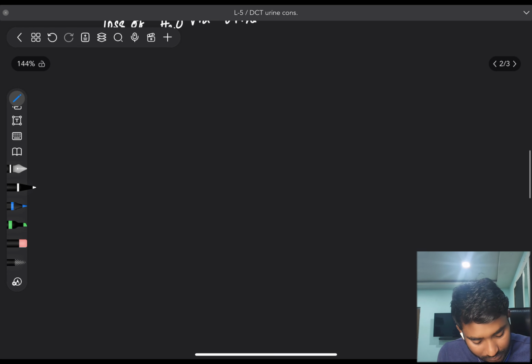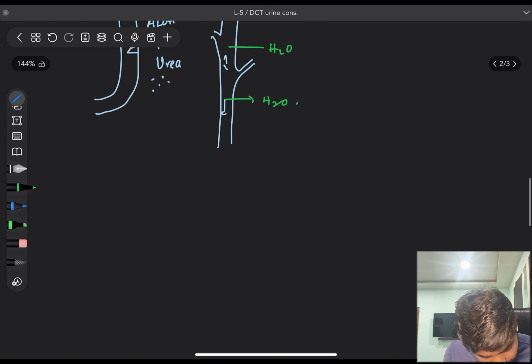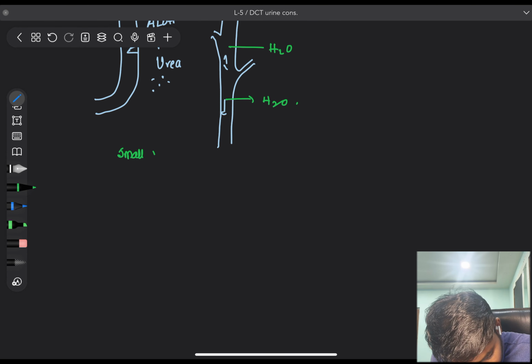Okay, now here movement of the particles. Here water. Okay, now what happens? A small amount of urea is reabsorbed. That is, a small amount of urea is reabsorbed.